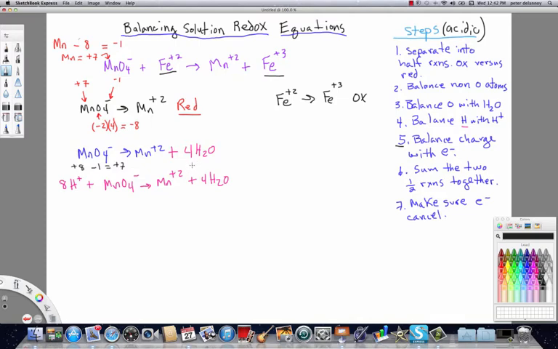And on the right side, all we've got is the charge on the manganese, which is +2. So we need to bring this +7 charge down to the same charge as +2. So we're going to add 5 electrons to the left side of my equation.